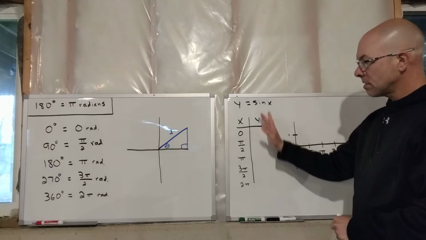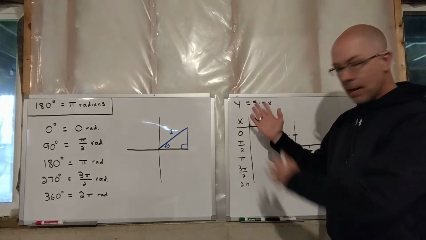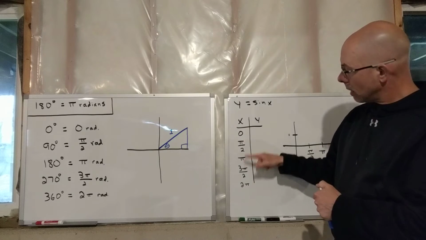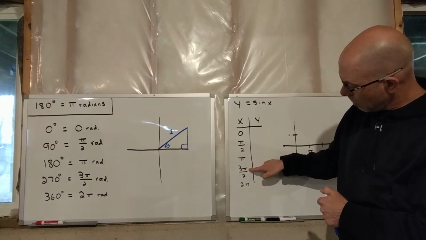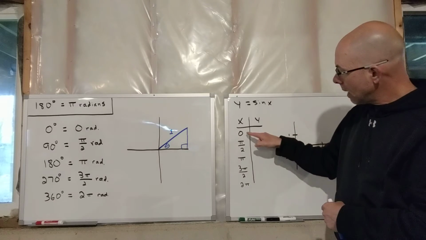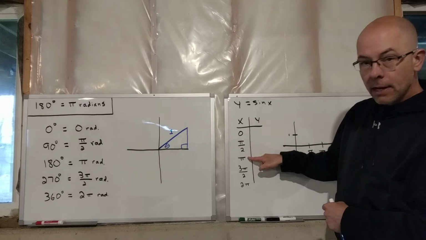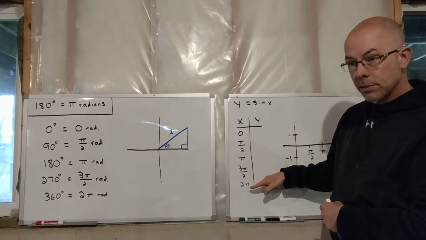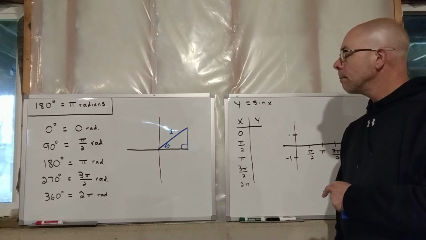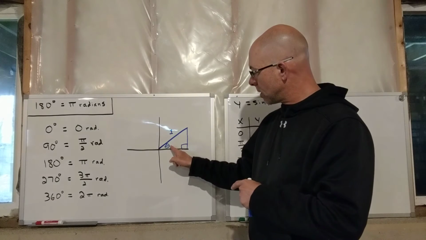Anyway, I'm going to ask you for the sine of, say I made a chart. We're going to graph this. Essentially x is the angle: 0, pi over 2, pi, 3 pi over 2, 2 pi. Think of those, so you're a little comfortable, as 0, 90 degrees, 180 degrees, 270 degrees, 360. I'm asking for the sine of those, and those are weird because we always talk about this angle.